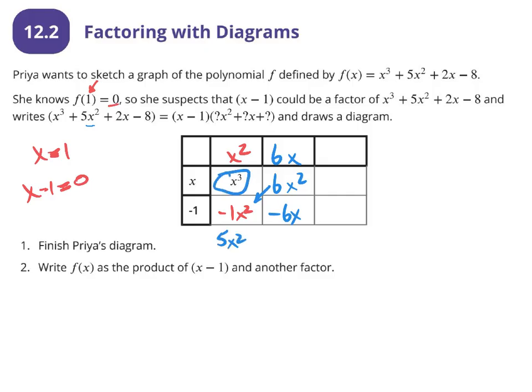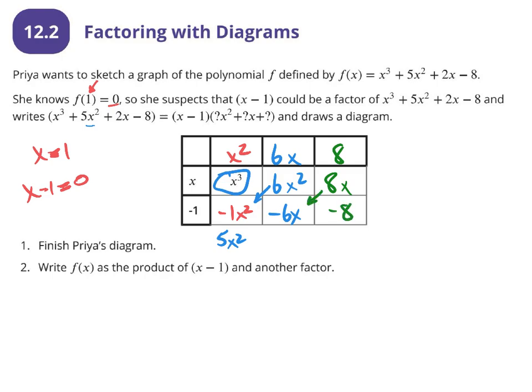Okay, next one. What adds to negative 6x to make positive 2x? Let's try 8. 8 times x is 8x. 8 times negative 1 is negative 8.